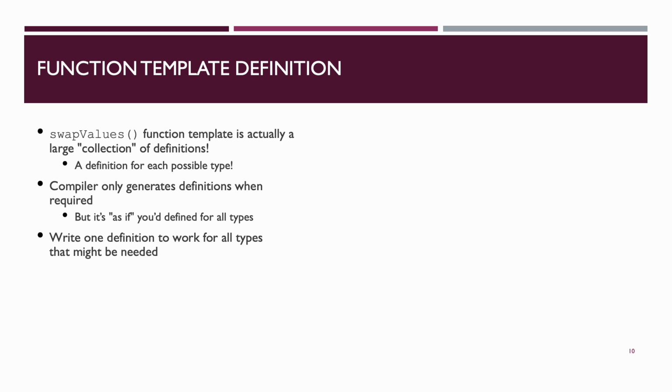Instead, it creates a specific definition only when the template is used with a particular data type. But it's as if you had written out a version for every possible type. This approach allows you to write a single template function definition that works for any data type you might need, avoiding the need to write separate functions for each type.